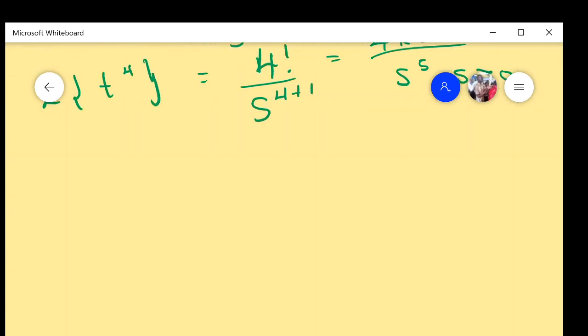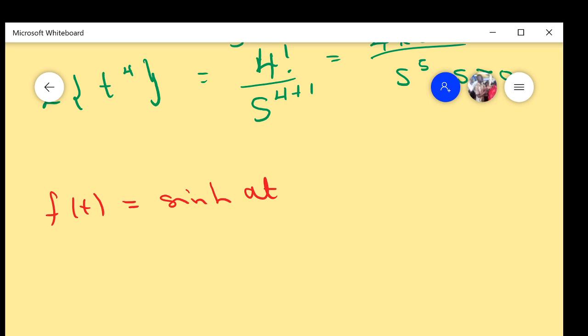So the basic foundation here is integration. Another example: f of t is equal to sin at.